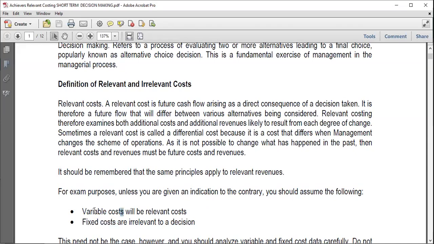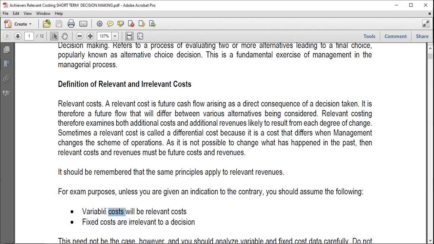Variable costs are costs that change with the change in quantity or output, and these are costs that can be directly attributable to products. Now, these variable costs are looked at as relevant costs, and fixed costs are looked at as irrelevant costs.